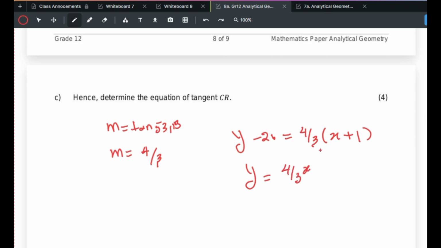So what's 4 over 3 plus 26? Use your calculator. It's 82 over 3. So this here is plus 82 over 3.